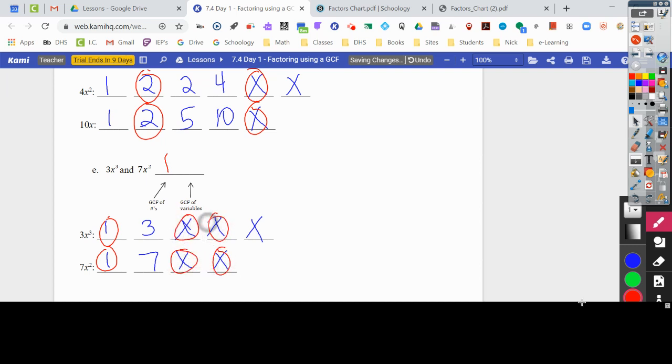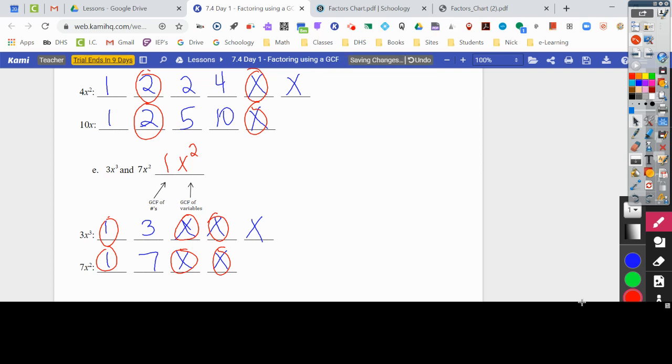Oh, I have a second x in common. And if we have 2 x's in common, it's going to be x to the second power. If there's 3 x's in common, it'll be x to the third power. If there's 4 x's in common, it'll be x to the fourth power. But they have 2 x's in common in this problem, so that's why it's x to the second power.